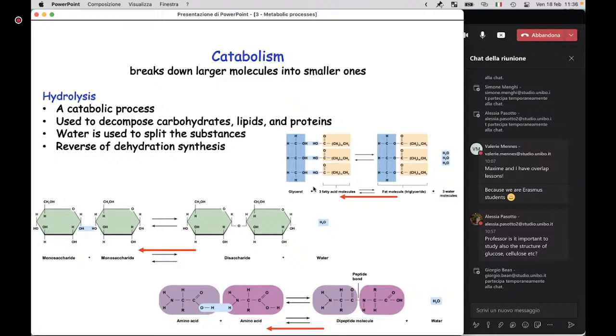But we will see that several times we need different enzymes, because the anabolic reaction needs energy, and so the enzymes must also accommodate the energetic part of the reaction. Usually we have different enzymes, but in line of principle, the same enzyme can catalyze the reaction in both directions.